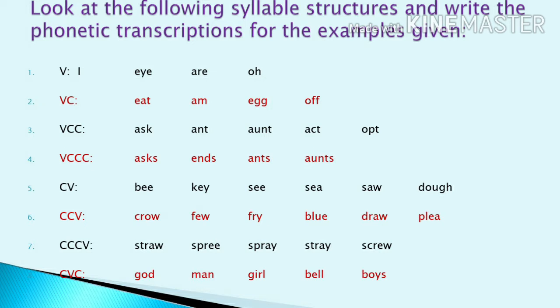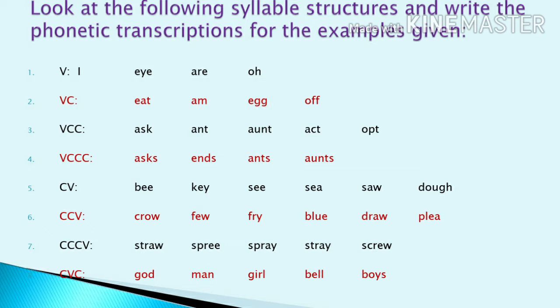CV structure: B, key, C, saw, dog. CCV structure: crow, few, fry, flew, draw, clear.